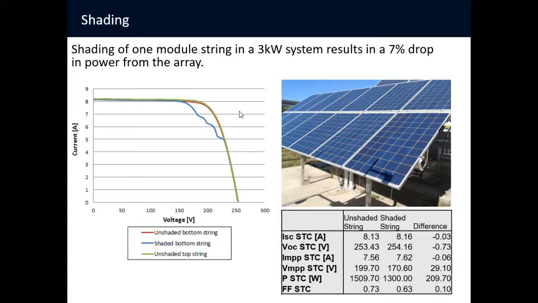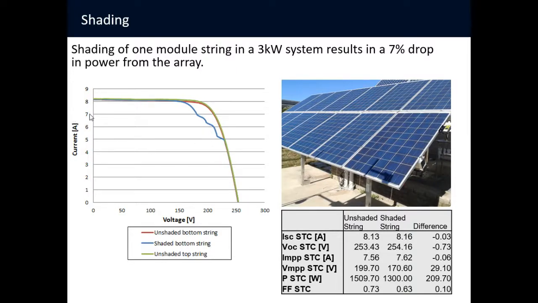It's a 3 kilowatt system consisting of 2 strings, a string at the top and a string at the bottom. The bottom string has shading on 2 of its modules, which results in 3 cell strings being affected.